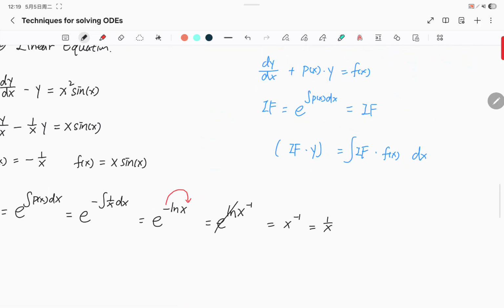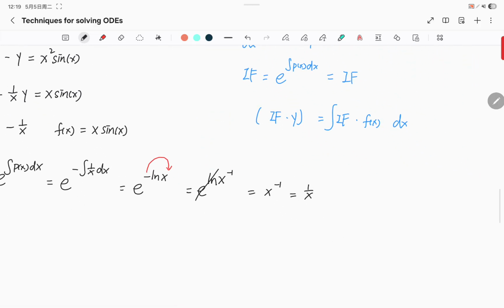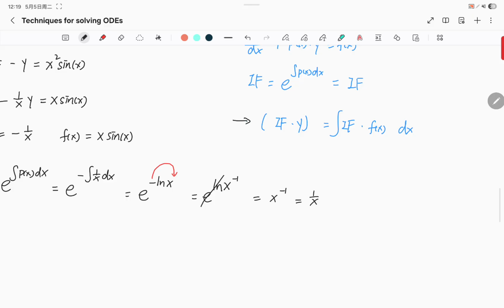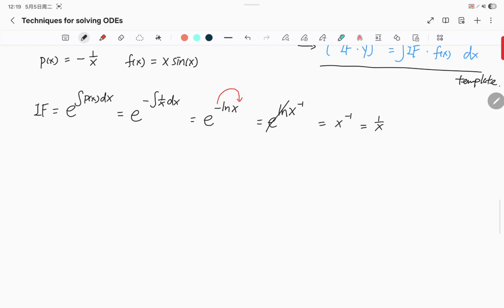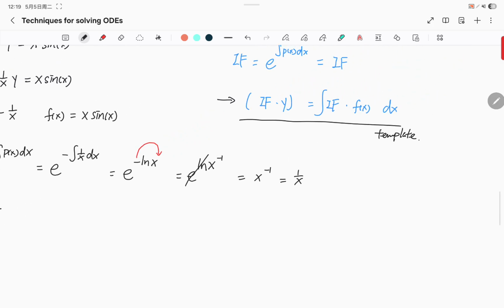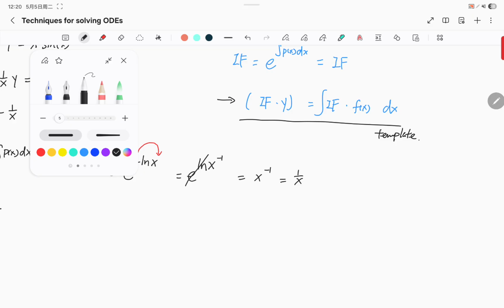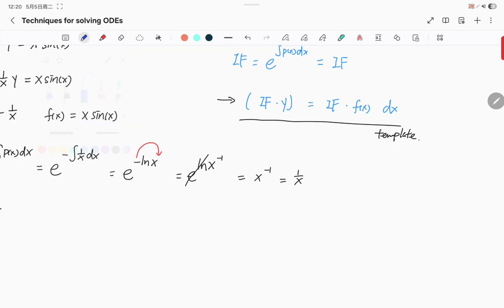And now we're going to plug my integrating factor into this template equation. So I have d of my integrating factor. Let me add my d here and remove my integral, because that's the next step.